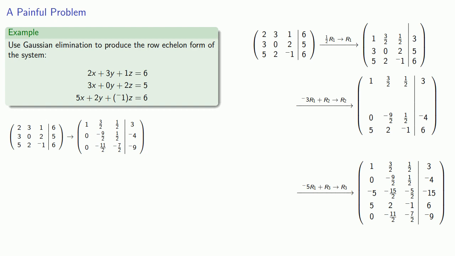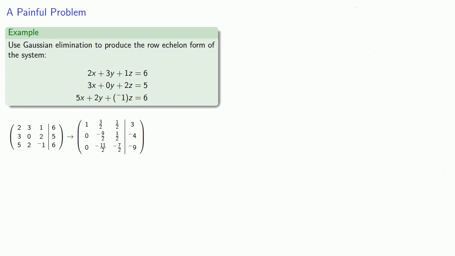Now we'll continue the Gaussian elimination by moving on to the second row. Since the leading coefficient in the second row is -9/2, we'll multiply everything in that second row by -2/9 to make that leading coefficient equal to 1.